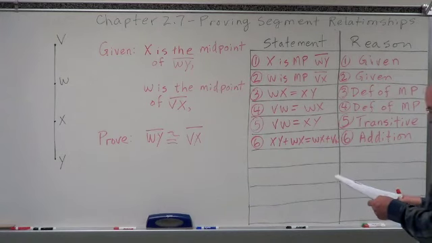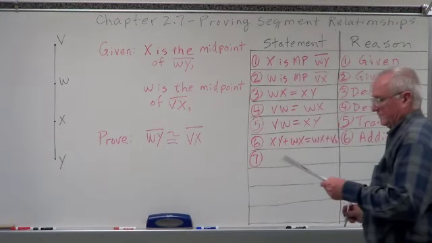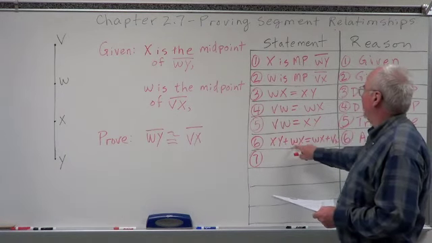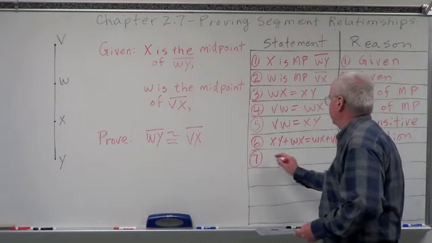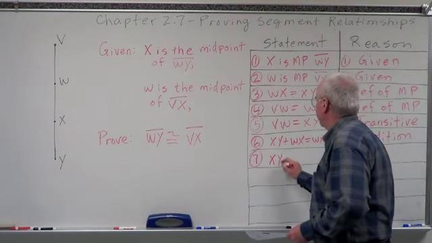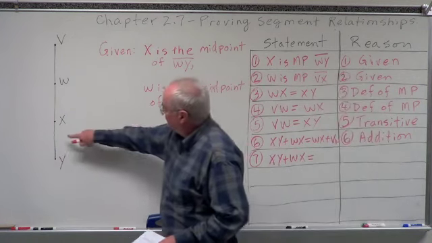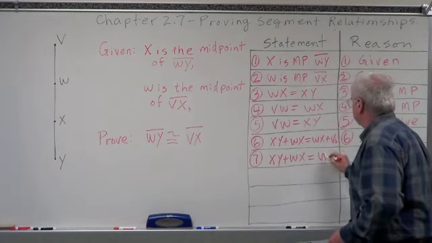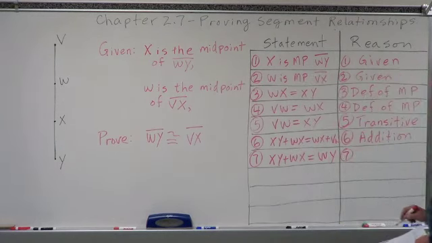Now then, our 7th statement, we can come in and what do we know? XY plus WX equals WY. Because of what?